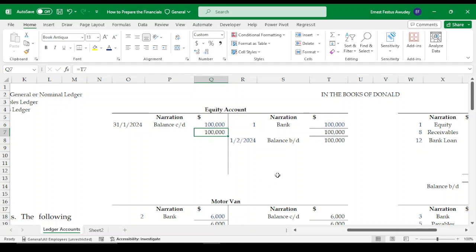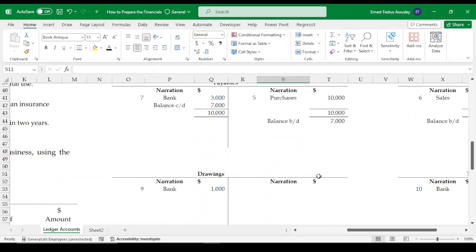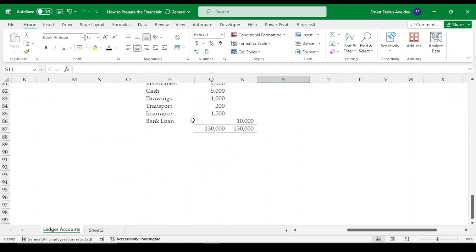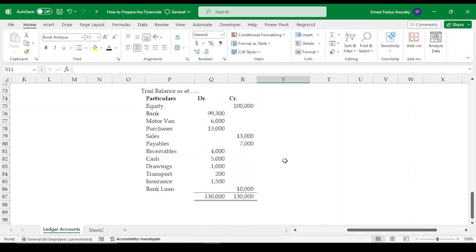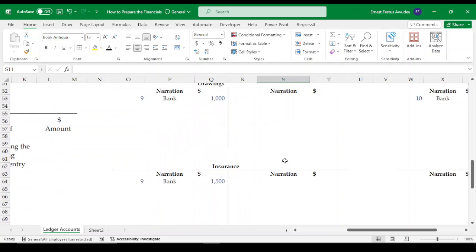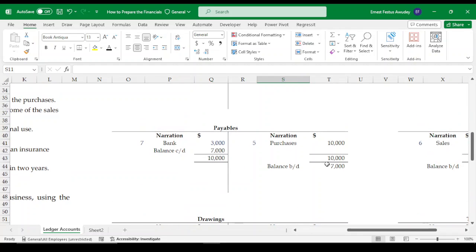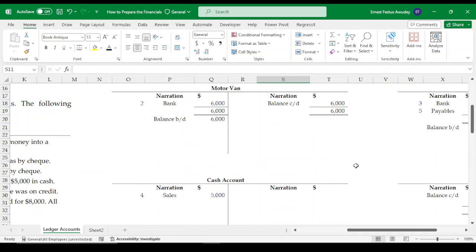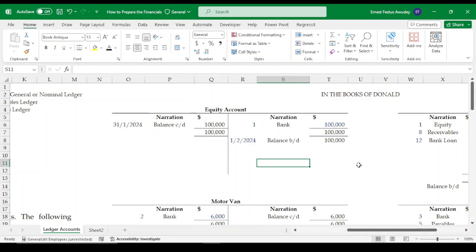Since I've changed that, the color should change to black. When you change that, the trial balance should also balance automatically. So that is how we do it. That is how we do everything here.